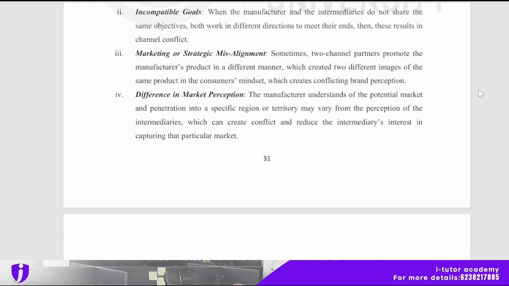And marketing or strategic misalignment: sometimes two channel partners promote the manufacturer's product in a different manner, which creates two different images of the same product in the consumer's mindset, which creates conflicting brand perception.